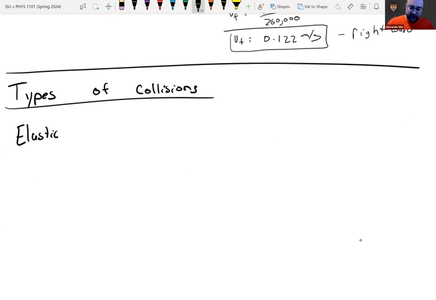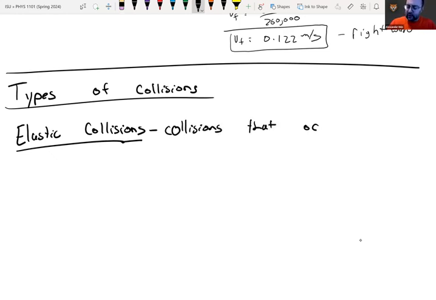We're not going to do very much with this because to analyze elastic collisions the algebra gets difficult, and I don't really want to focus on algebraic tricks. But elastic collisions are collisions where kinetic energy is conserved.